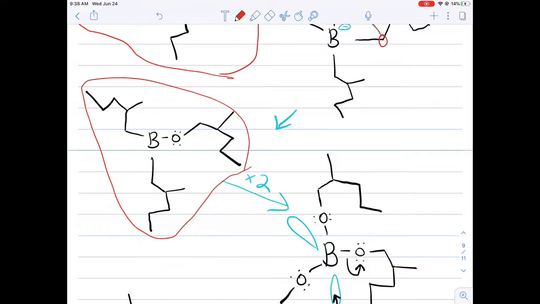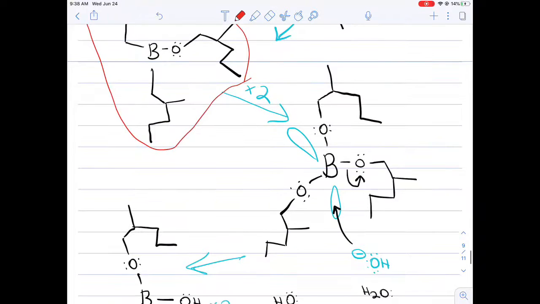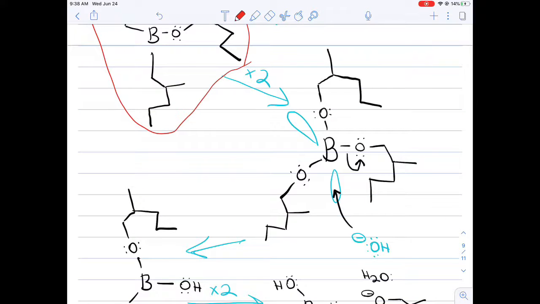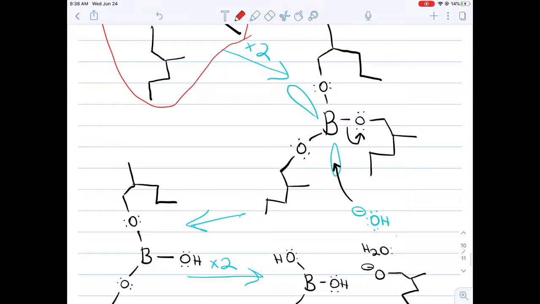And so now that same reaction is going to happen 2 more times. And so, because you had an OH ion as a product at the end, the OH ion is going to attack one of the unhybridized orbitals on boron.